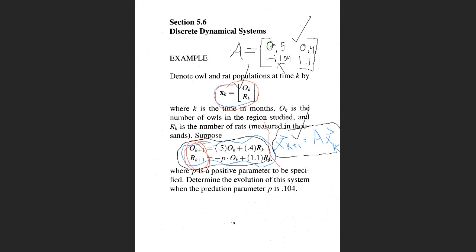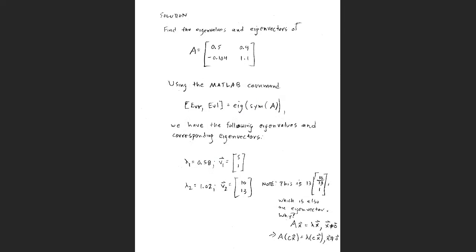All right, now we have our matrix A, and we can find the eigenvectors and eigenvalues. Here's the matrix A. We'll use MATLAB to help us get eigenvectors and eigenvalues.